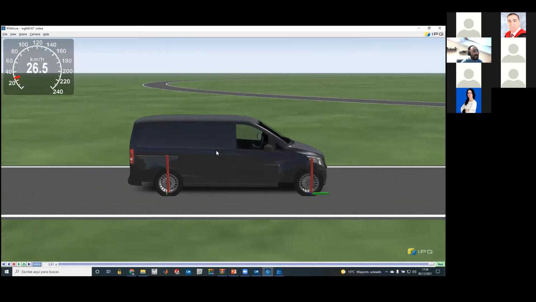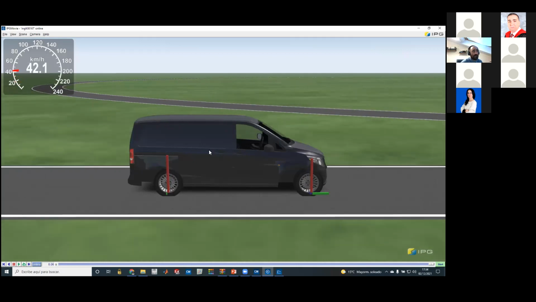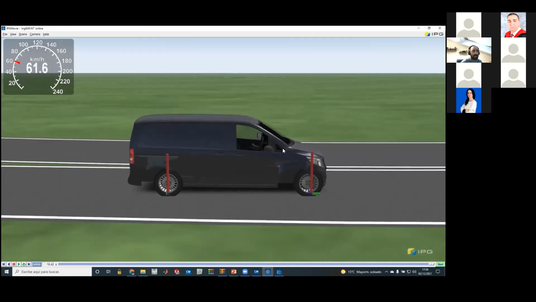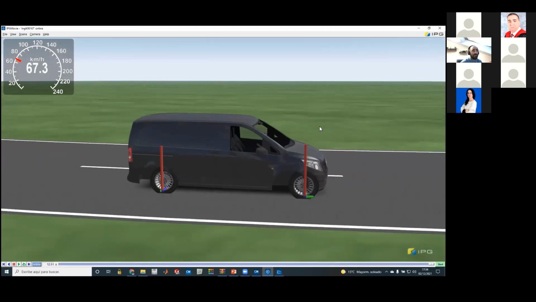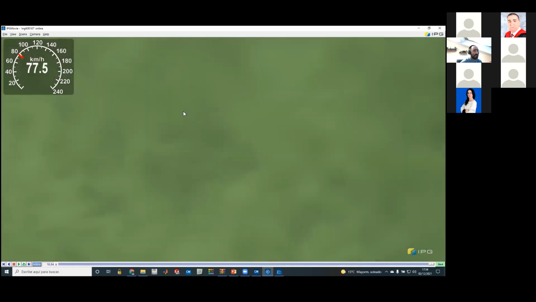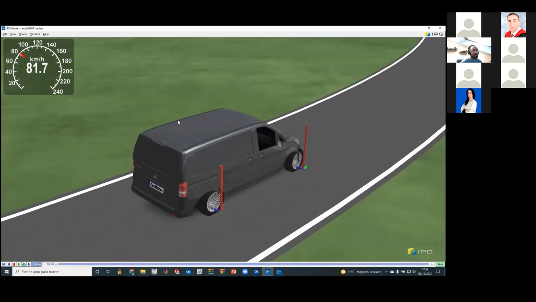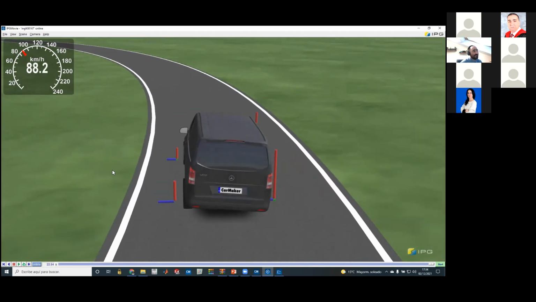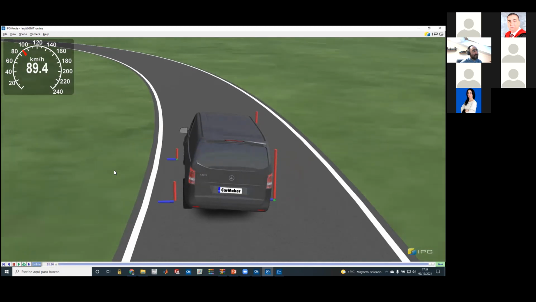So we can define any kind of real world road scenarios, or any kind of circuit scenarios to analyze, for example, how is the dynamic behavior of the system.